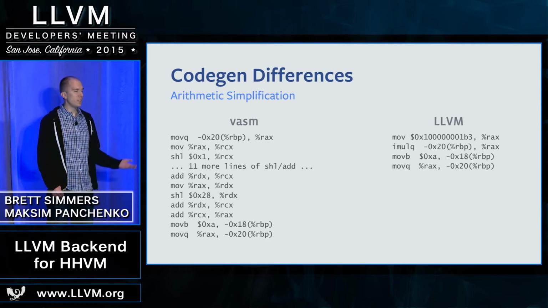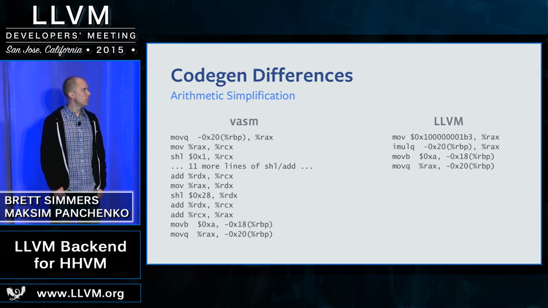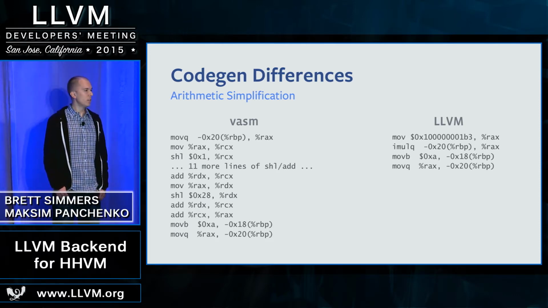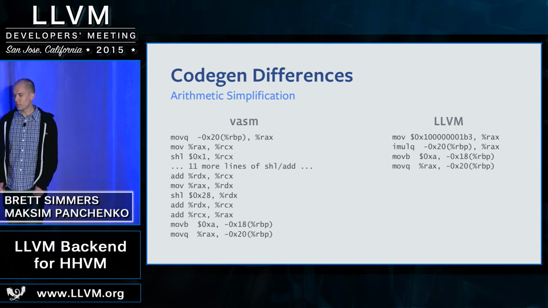And you can see that LLVM, all it does is load a big constant into a register, multiply that by the value in memory, and then store the result back. And what's happening here was pretty straightforward. It was just recognizing that there was a series of like 15 different arithmetic instructions, and it realized that it could just fold them into a single multiplication rather than 5 adds and 5 shifts or something like that.